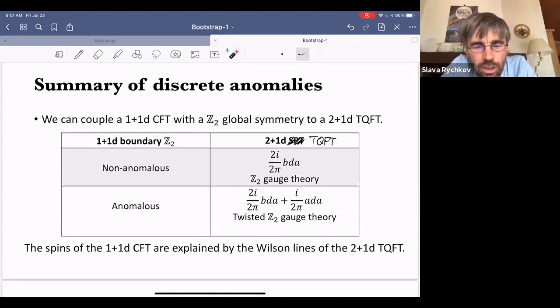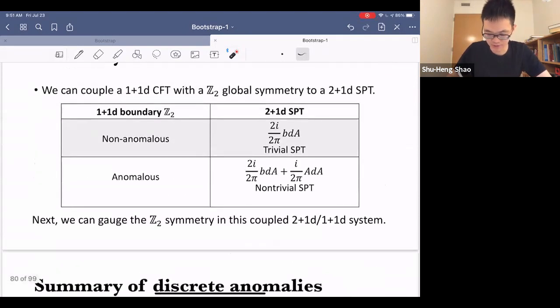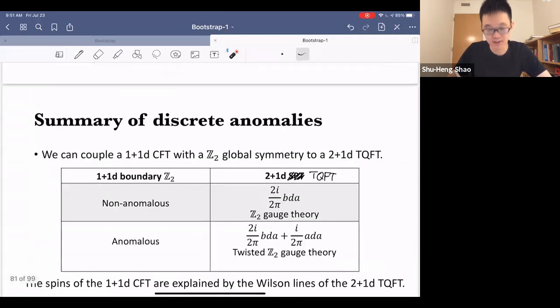How can it be allowed in the second case, when you have this twisted Z2 gauge theory where the boundary has to be anomalous? That's the reason why it's important to distinguish SPT versus TQFT. In this case, you can also have a gapped boundary.